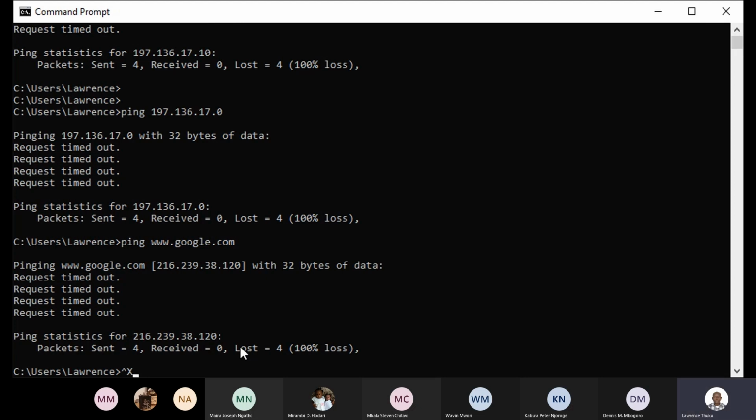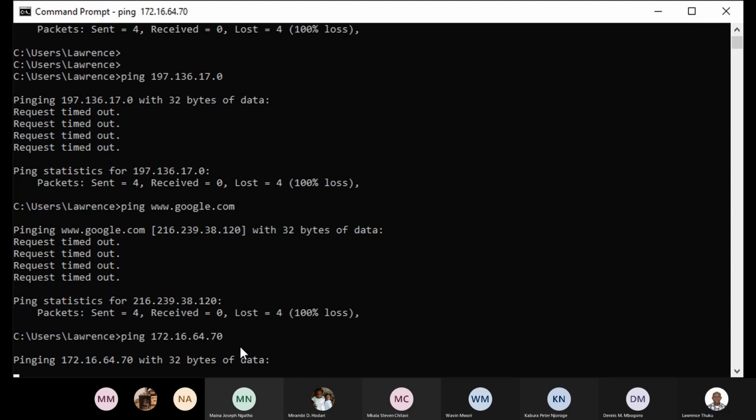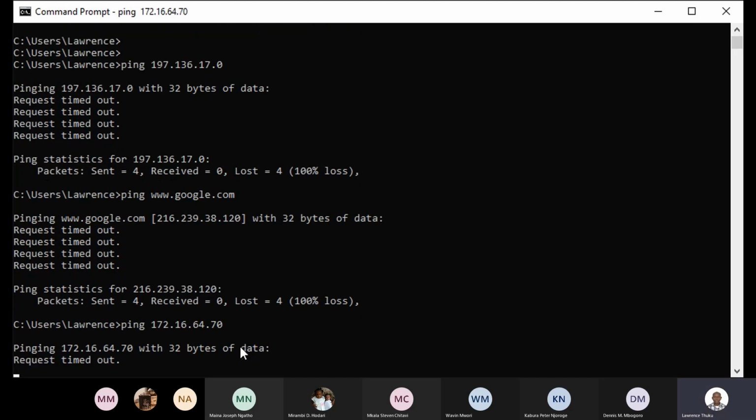Okay. So let's see if I can ping that machine, 172.16.64.70. It gives me a request timed out.